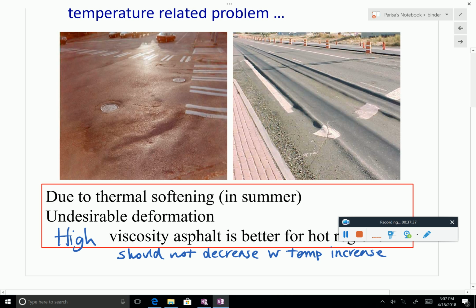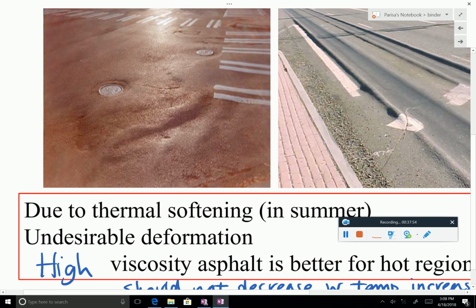That would be the best material for a very warm region where you expect to have very hot summers. Okay. You see here, for example, this is more like where you have deformation in the material.